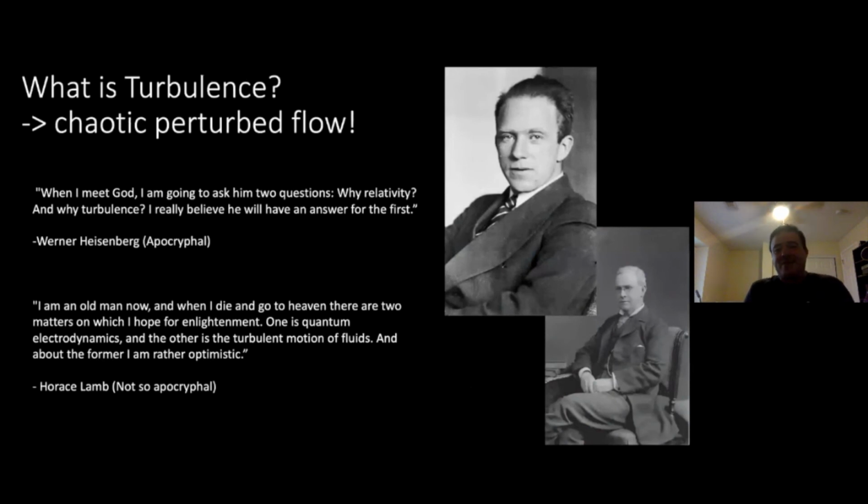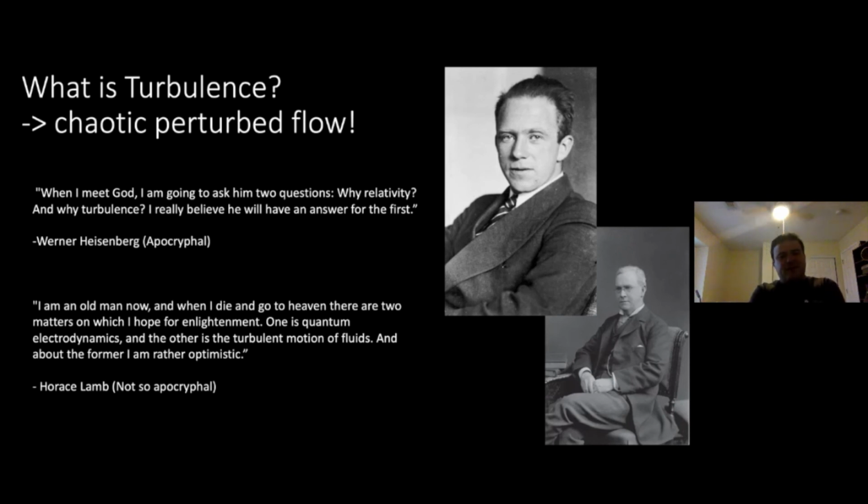And so anytime I talk about turbulence, I like to bring up this famous quote. A lot of people misattribute it to Werner Heisenberg, pictured here. He said, when I meet God, I'm going to ask him two questions, why relativity and why turbulence? And I really believe he'll have an answer for the first.